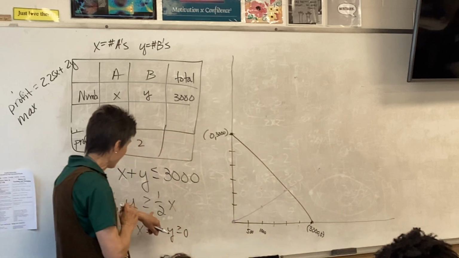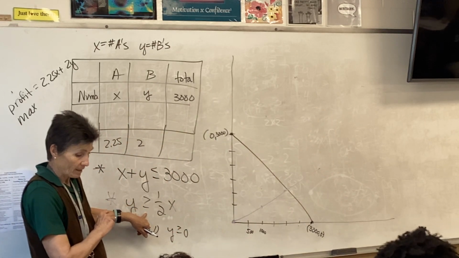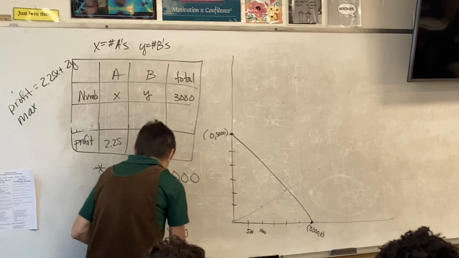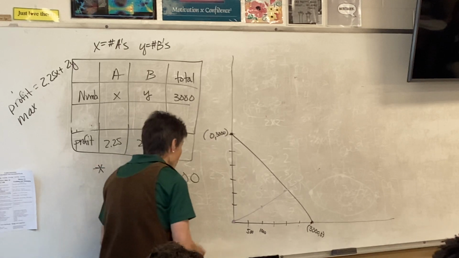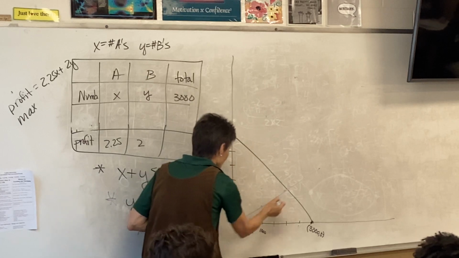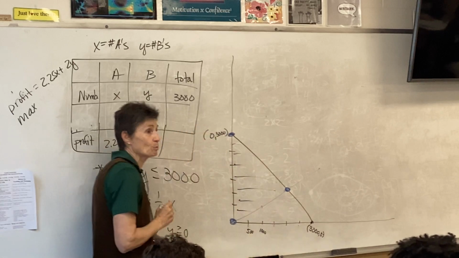It's a nice solid line, and where is it going to be shaded? Above. So now I am looking at below my black, above my purple, a region bounded by those 3 points. Would you agree with that?